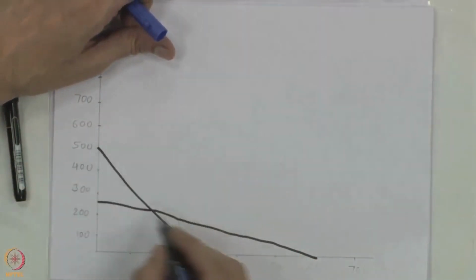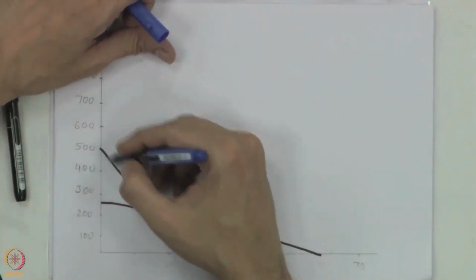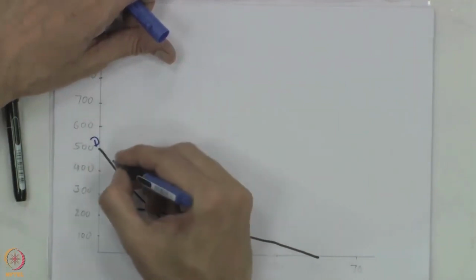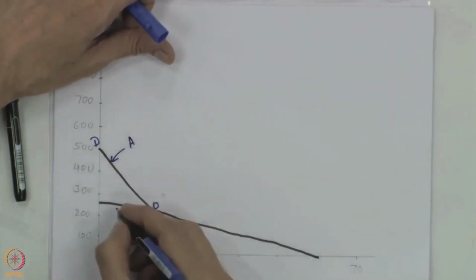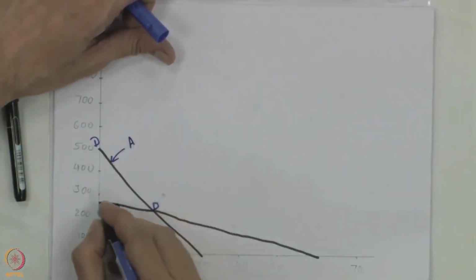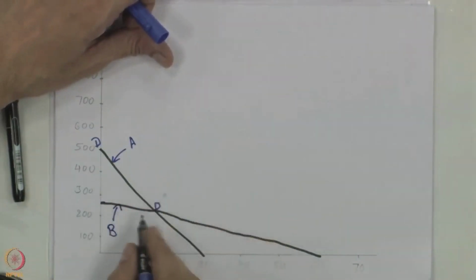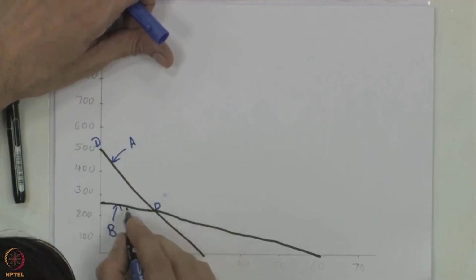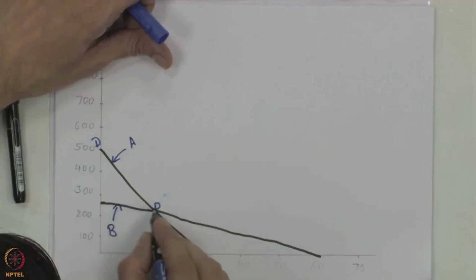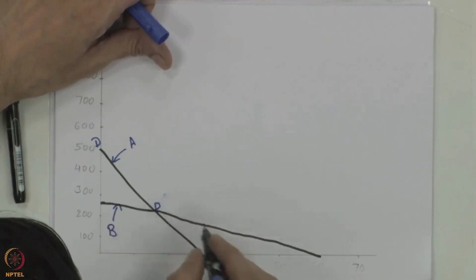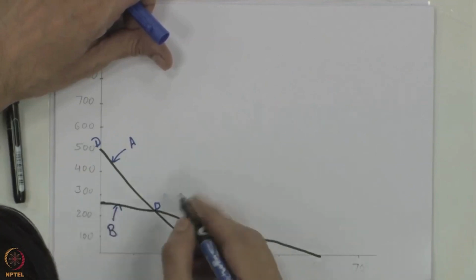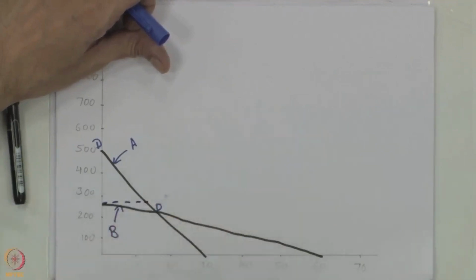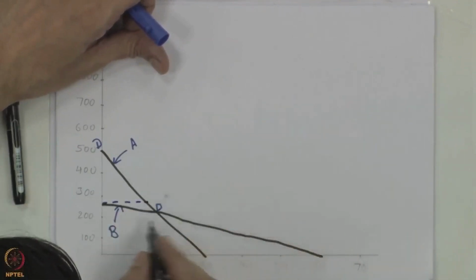Between 500 and 250, the total demand is just that of A. At 250 and less than 250, at each price we add up the demand of A and the demand of B. So, beyond this point of 250, we are going to have a different slope.